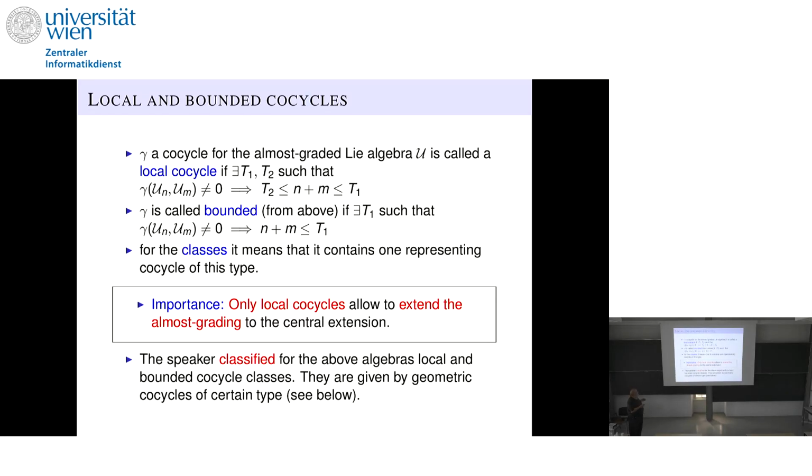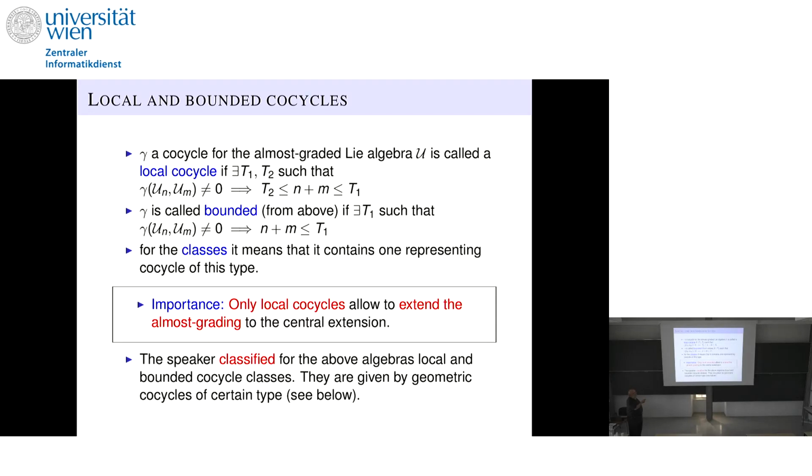If we take only some cocycles, this will not work. For the extension, we have to consider local cocycles, and this will allow the almost grading to extend to the central extension. Local means something like, ideally, if we take the Virasoro cocycle, we have only a contribution if n plus m is 0.